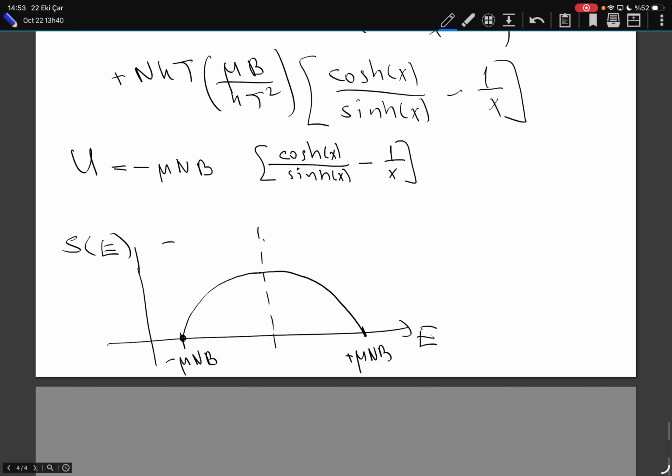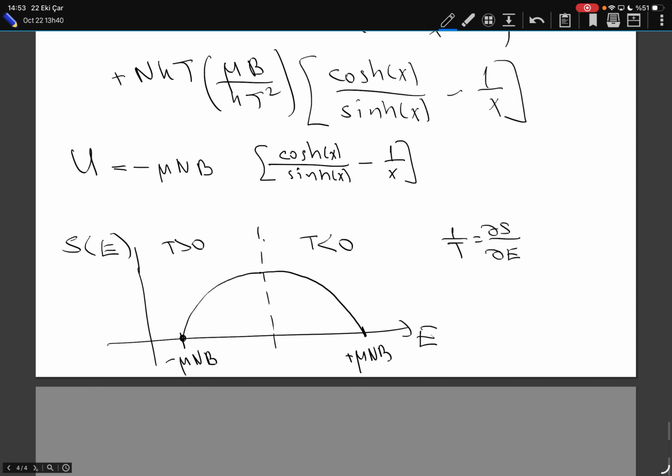So this is the region of positive temperatures, because remember 1 over T is the derivative of entropy with respect to energy. And on the left-hand side of that dashed line, entropy increases with energy. On the right-hand side, that is the T less than 0 region.